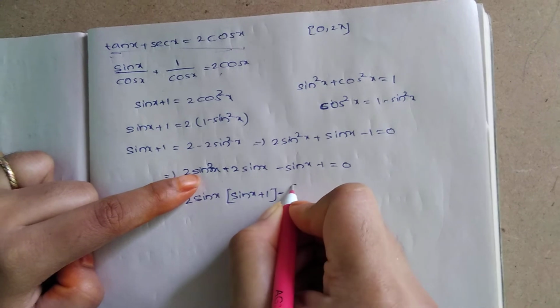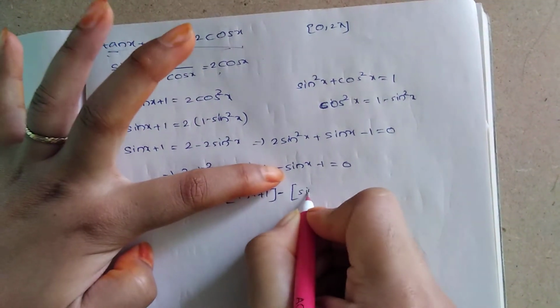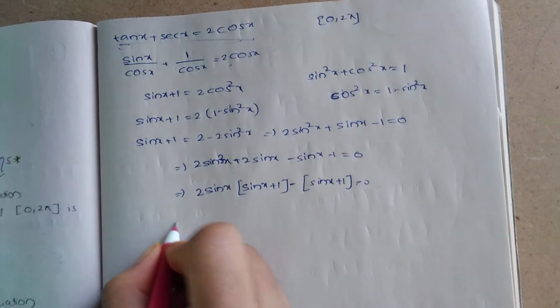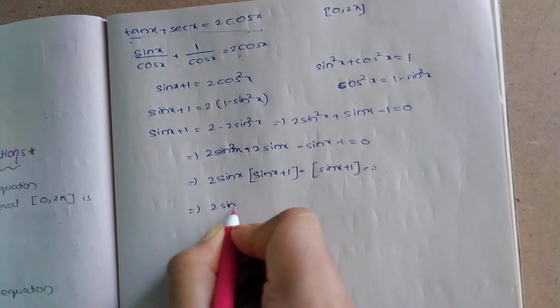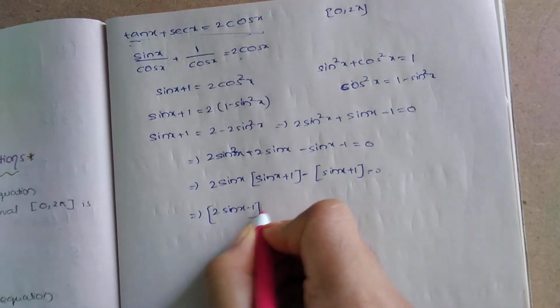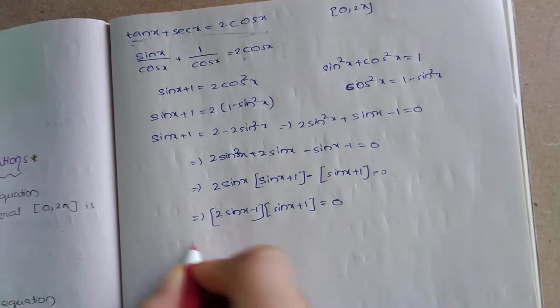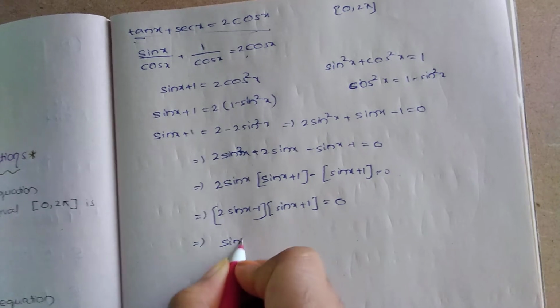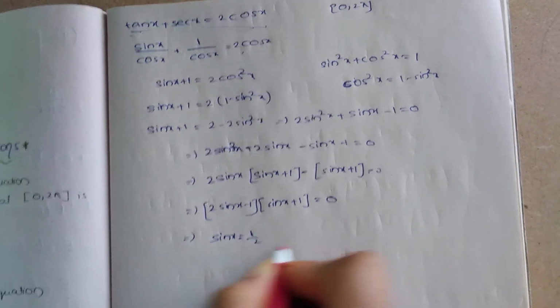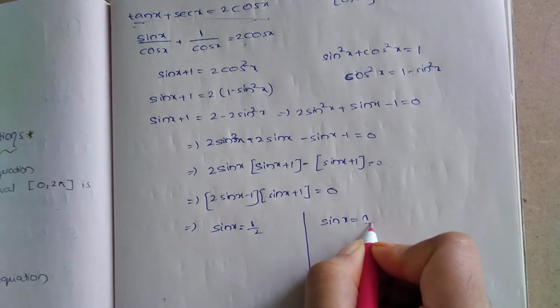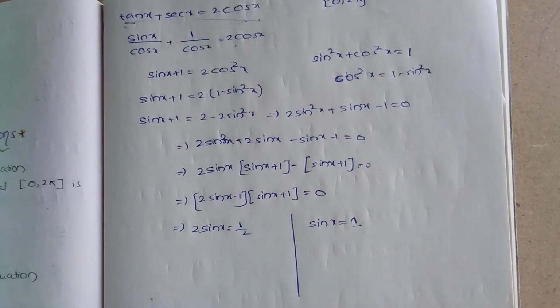Take minus common here, sin x plus 1. Factorize. Done. Now 2 sin x minus 1 into sin x plus 1 is equal to 0, where sin x is equal to half and sin x is equal to minus 1.